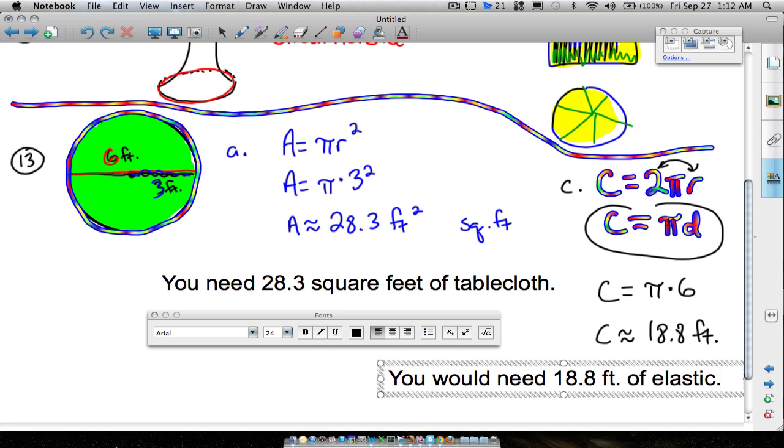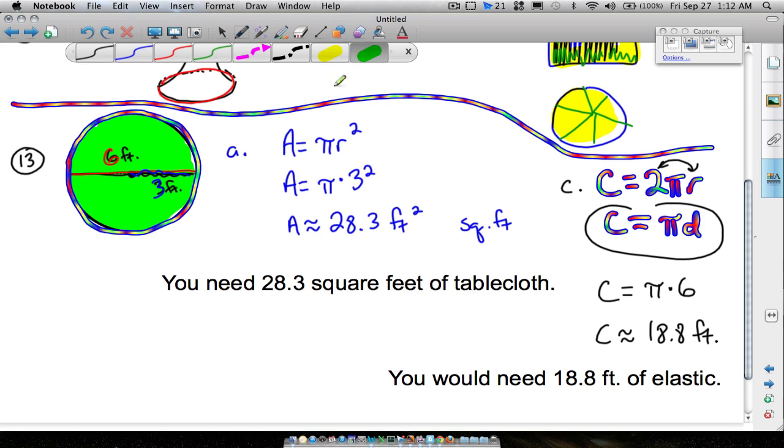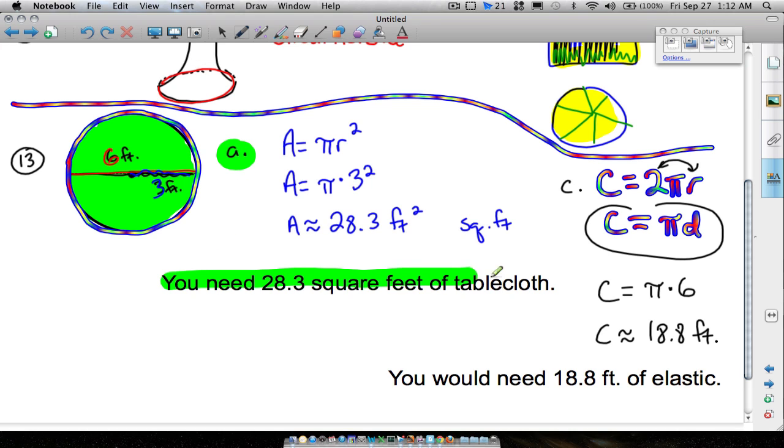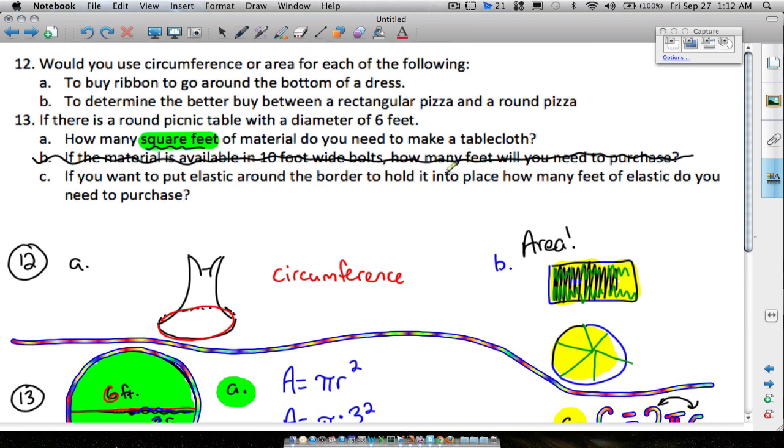That would be fine. Because again, that elastic is going to go around this circle. So here's the answer to question A, whereas this is the answer to question C, because remember we skipped question B. Don't worry about question B right there.